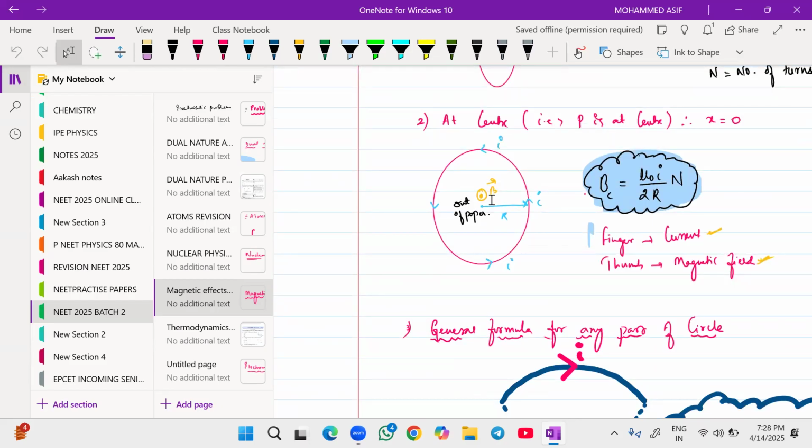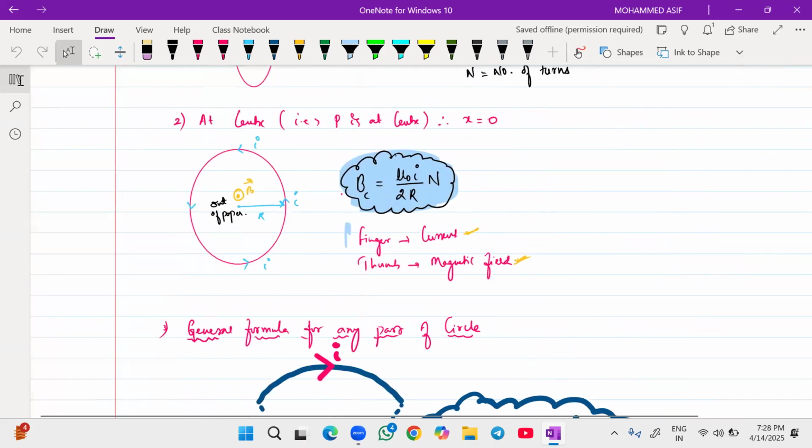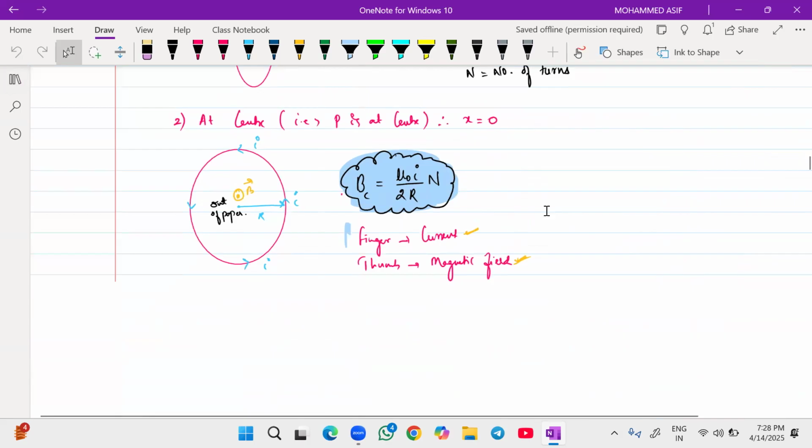If the current is anticlockwise, the magnetic field is outward.